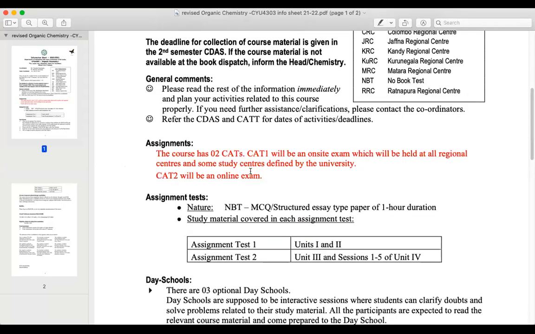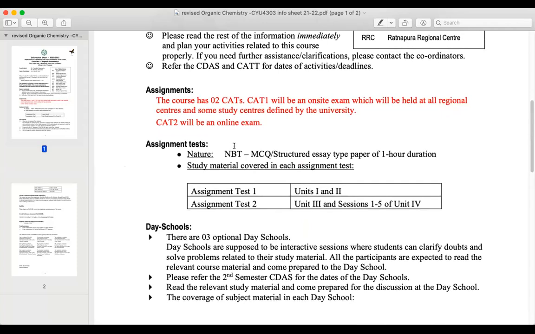Yeah. NBT, no book test, MCQ, structured, essay type paper. So yes, MCQs are there. MCQ and structured essay type.